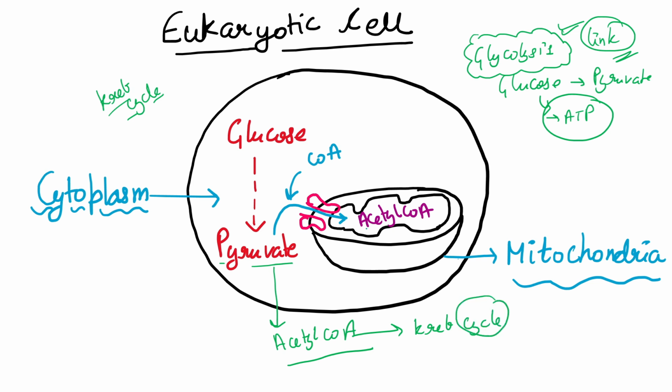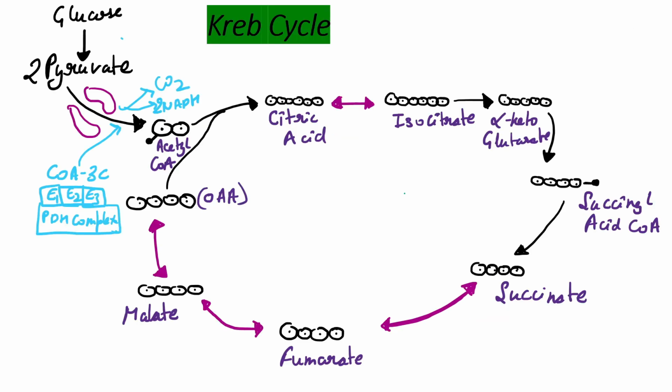As shown in the figure, the glucose to pyruvate synthesis, that was glycolysis, is held in the cytoplasm. But after the pyruvate formation, the pyruvate is converted into acetyl coenzyme A, where coenzyme A is added to pyruvate, and then it enters into the Krebs cycle. So now we are going to study the Krebs cycle in detail.